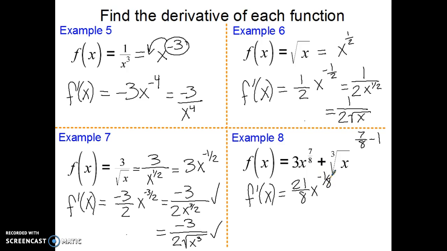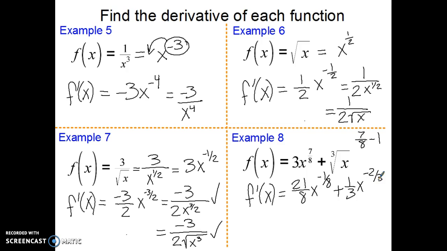Now, moving on to our next term, the cube root of x is the same as x to the 1/3, so we'll have to bring that 1/3 out front. This will give us 1/3 x to the 1/3 minus 1, which is -2/3.